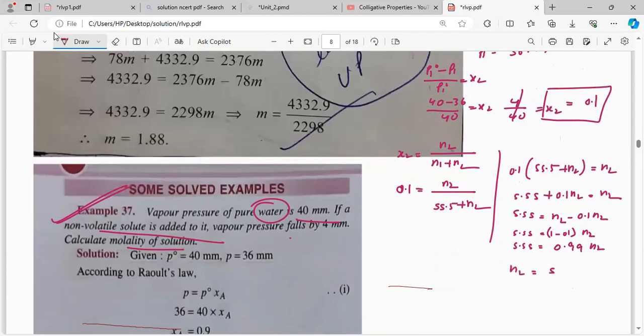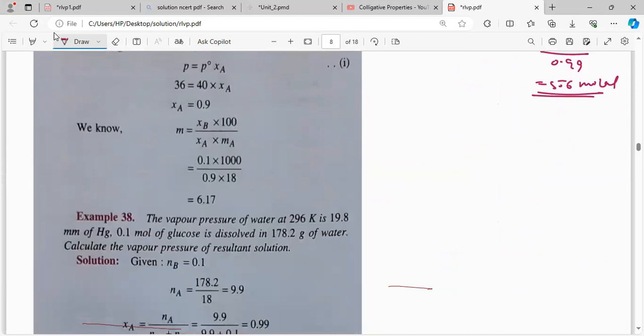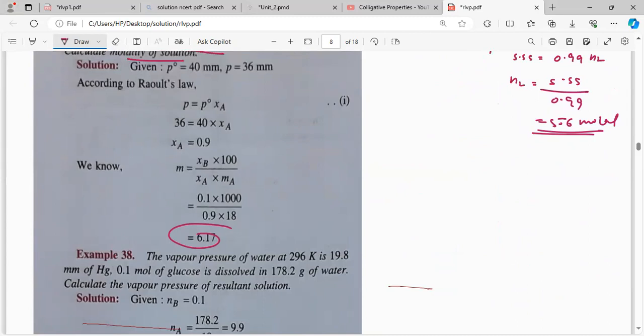So N2 is equal to 5.55 divided by 0.99. 5.6 is coming, 5.6 molal, that is per kg of solvent. So you see here the answer is 5.6. What can be the problem here? How did they do it?